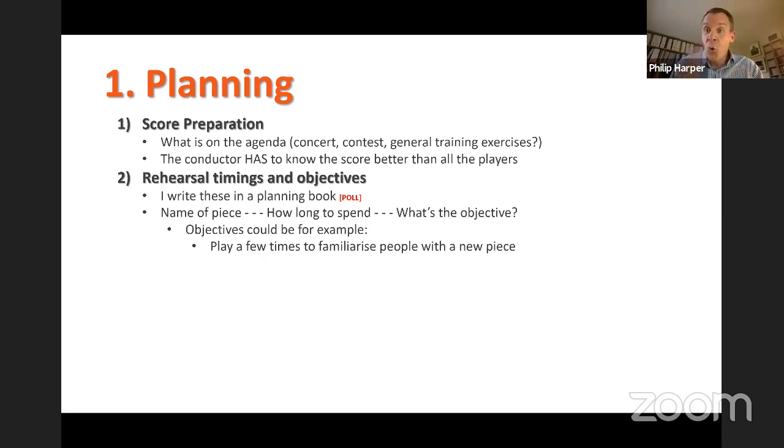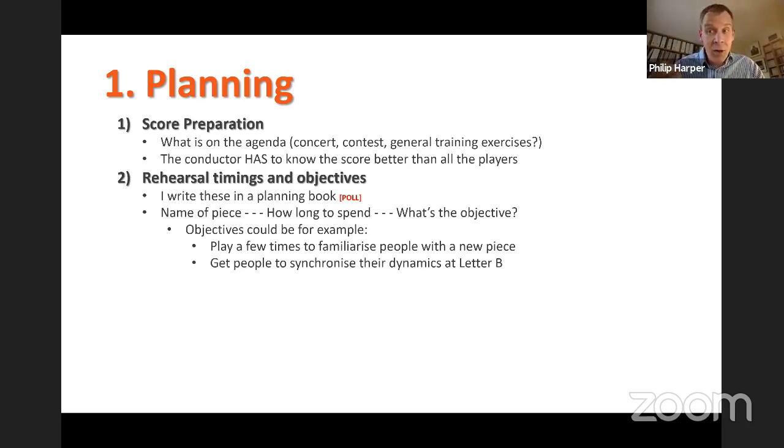And that might be all you want to do in one rehearsal, is just get that piece into people's subconsciousnesses and build up that familiarization. That's not a particularly targeted objective, but it is an objective enough for you to deliver that rehearsal. So that could be an objective.